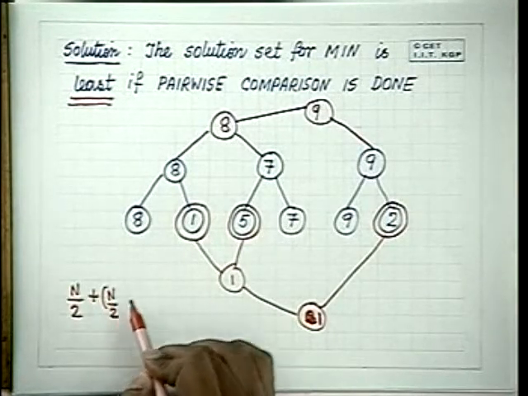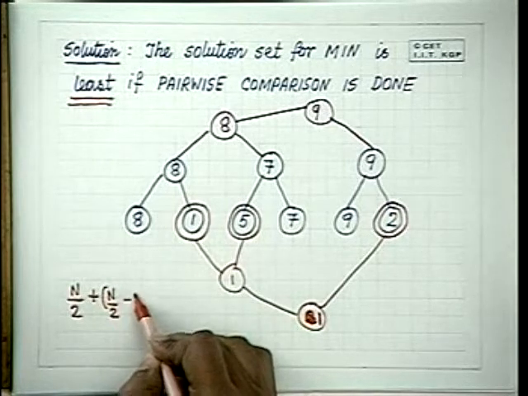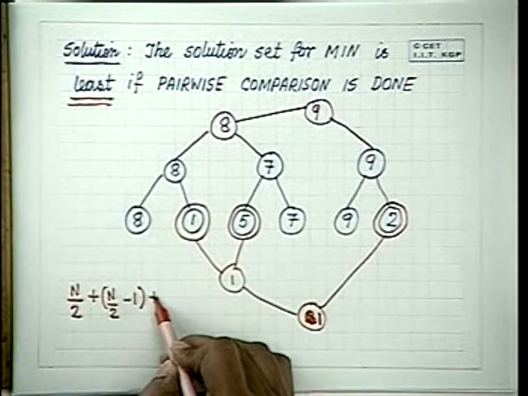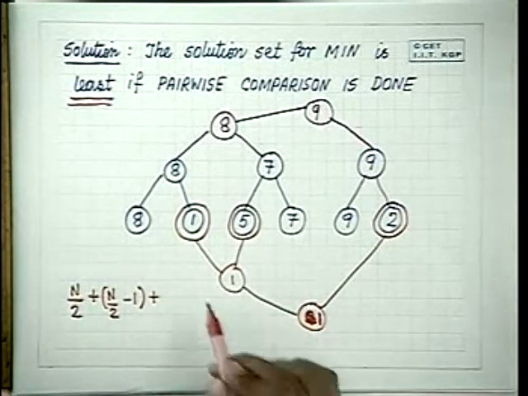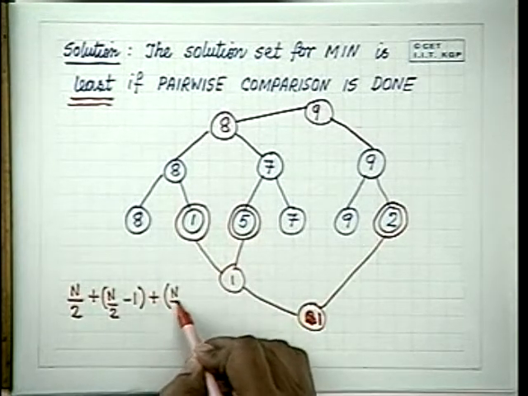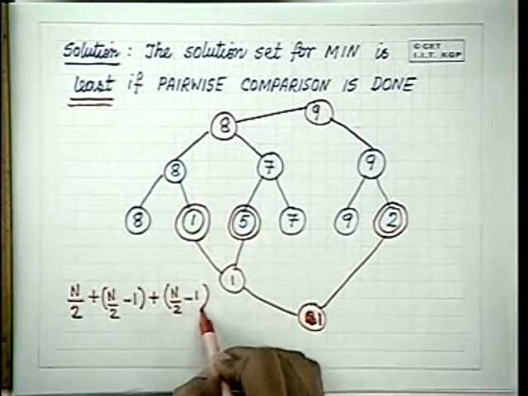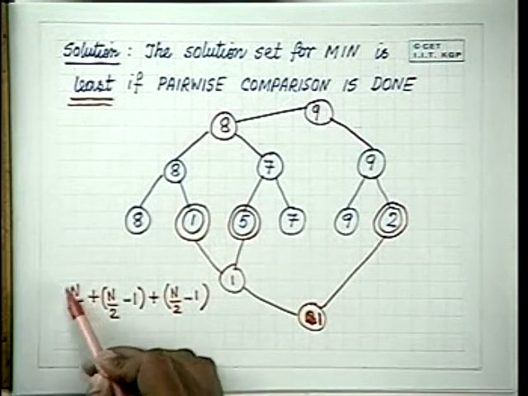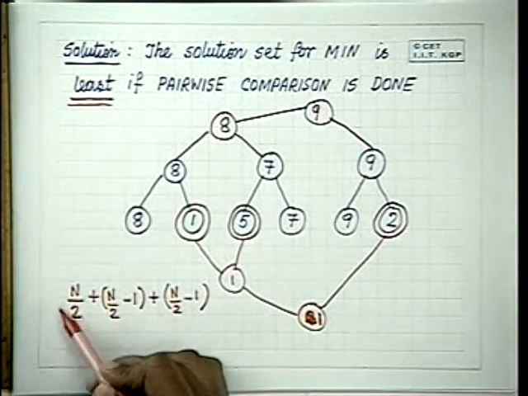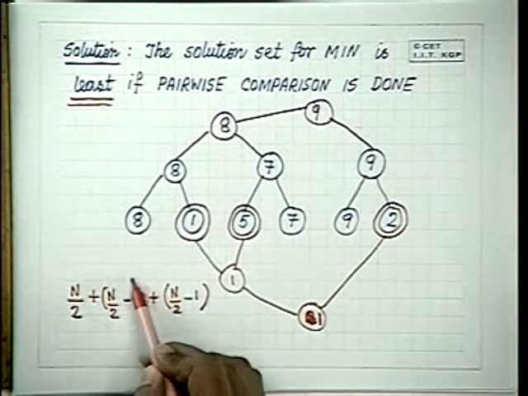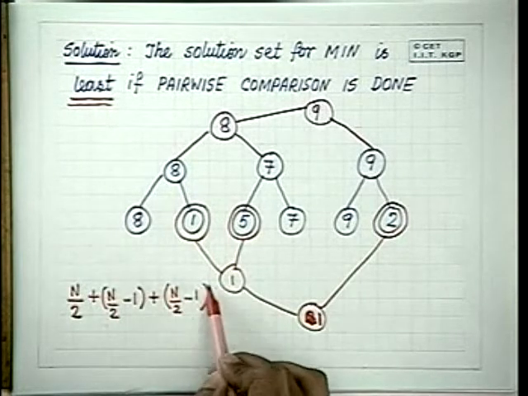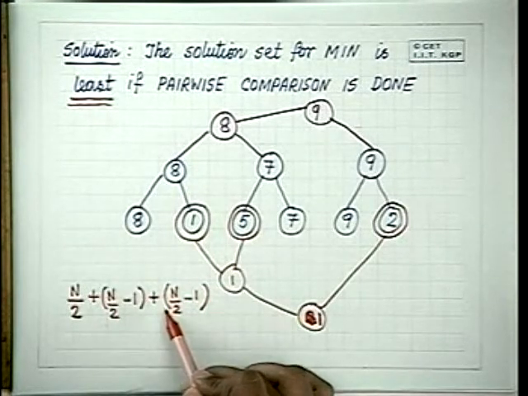Maximum of n numbers is n minus 1, so maximum of n by 2 numbers is this. These are the number of comparisons, the rest remaining same. The minimum of n by 2 numbers, again this. This is the first round pairwise comparison. This is the maximum among the winners. This is the minimum among the losers.